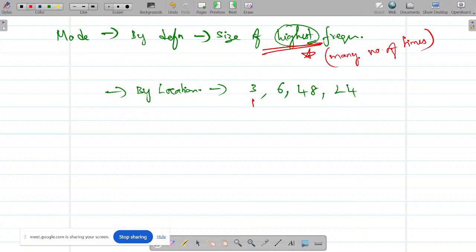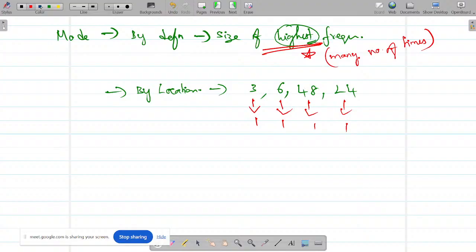How many times is 3 repeated? One time. Only once, right? How many times is 6 repeated? How many times is 48 repeated?